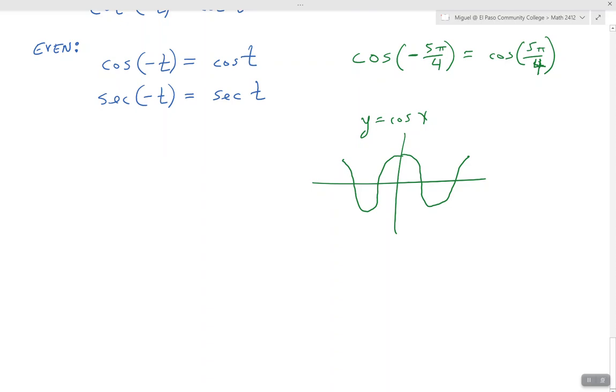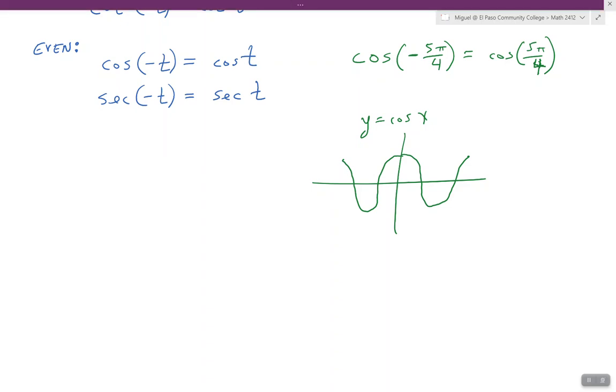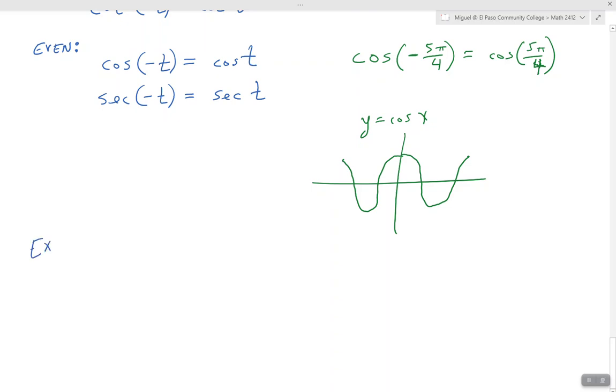Okay, what about larger angles? Example 2. Let's do sine of 13 pi over 6.